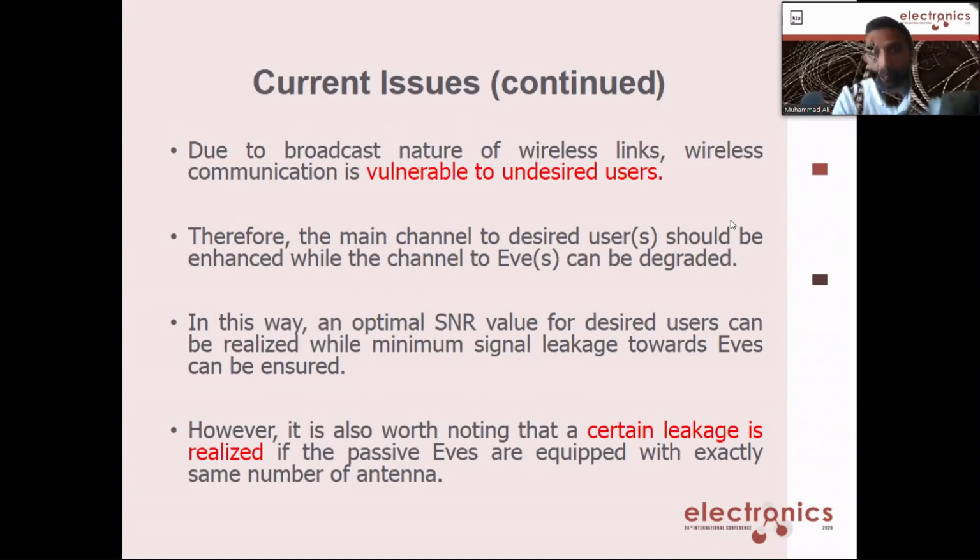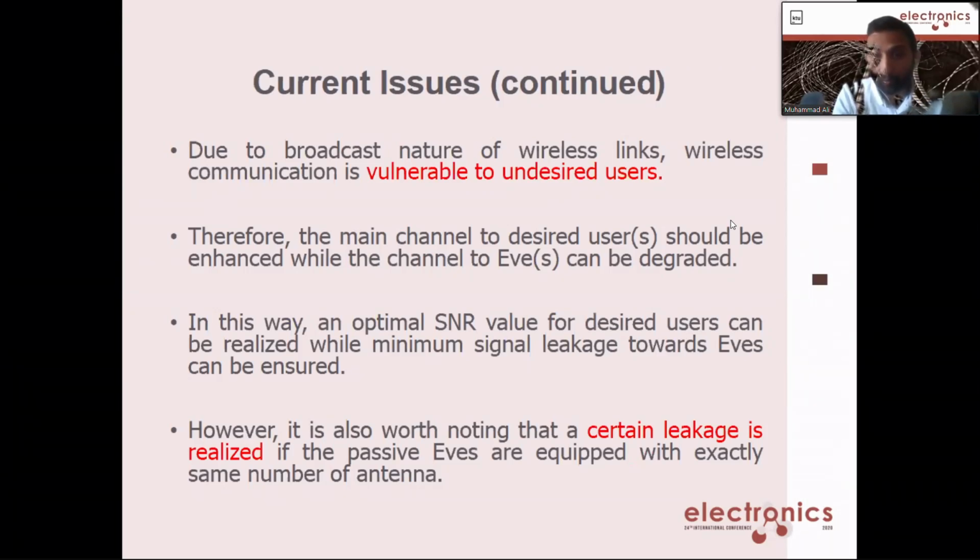For this purpose, we need to establish a channel which can enhance the signal toward the desired users and degrade the signal at the undesired users, known as eavesdroppers. For that, specifically, we need to improve the signal to noise ratio towards the desired user and minimize the signal leakage toward the eavesdropper side by reducing the SNR towards them.